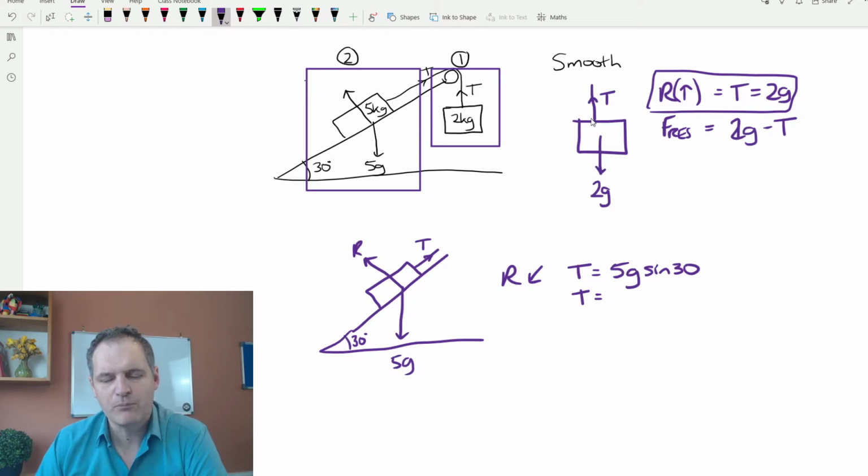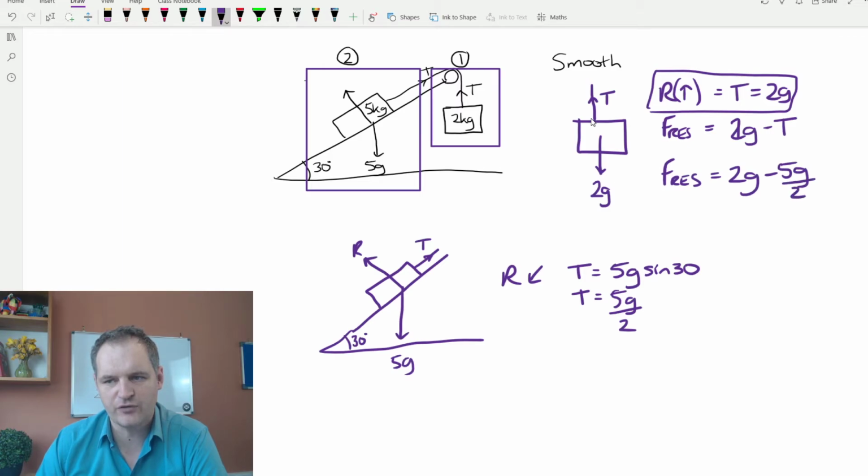So what we have in this situation is a set of simultaneous equations where we can say that the force here is 2g minus T, and we've also got that T is equal to 5g sin 30, or 5g over 2. Therefore, the resultant force is equal to 2g minus 5g over 2, which is equal to minus half g.